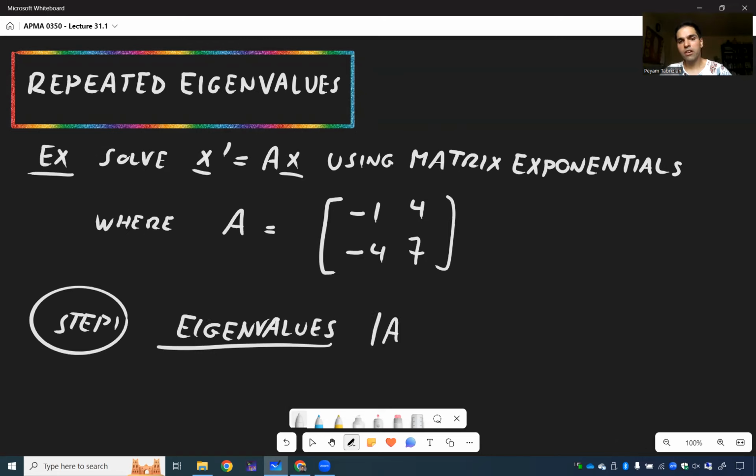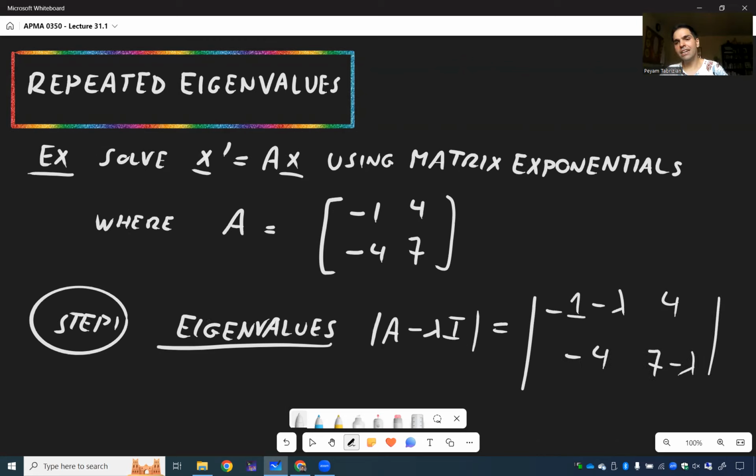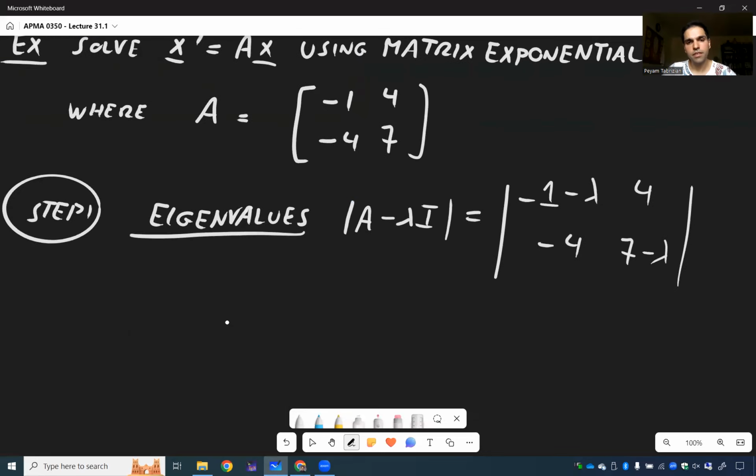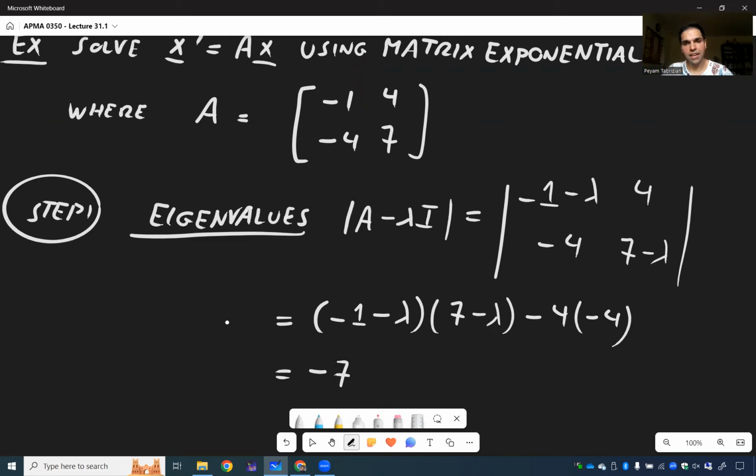So let's do the determinant of A minus lambda I. So -1 minus lambda, 4, -4, 7 minus lambda. So AD minus BC: (-1 minus lambda)(7 minus lambda) minus (-4)(4). And so -7 plus lambda, -7 lambda, plus lambda squared, plus 16.